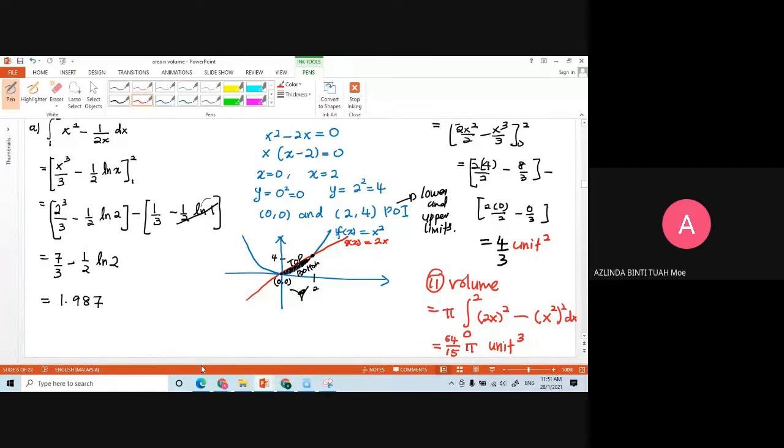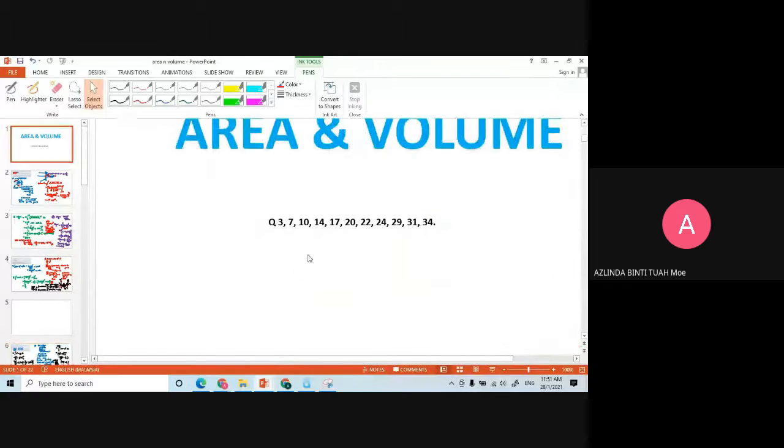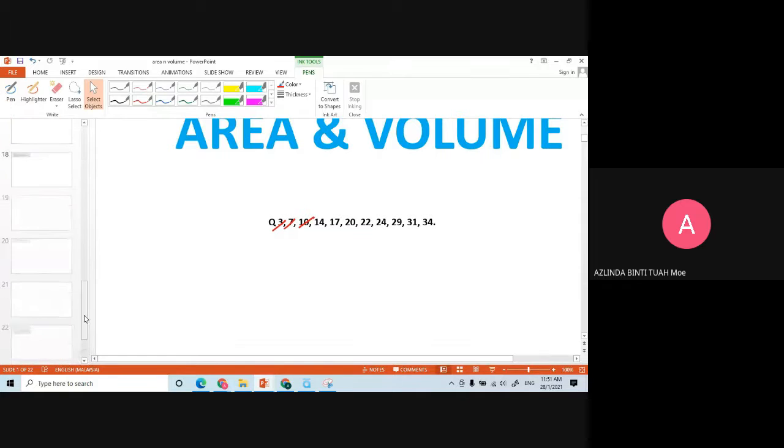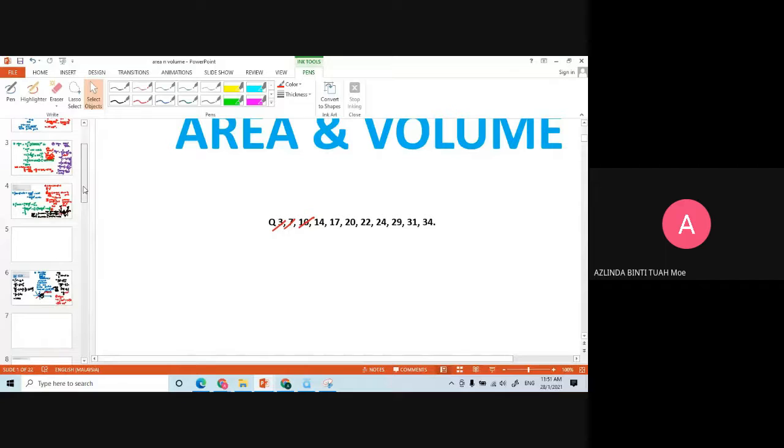Unit tak terlalu penting. Okay, I think that's all for today. Since saya tak sempat nak discuss semua soalan volume dan area yang ada pada soalan past year ni, we just finished questions 3, 7 and 10 I guess. 3 soalan sahaja sebab tadi saya nak cover banyak lagi tapi dah tak sempat, kerana habis masa.